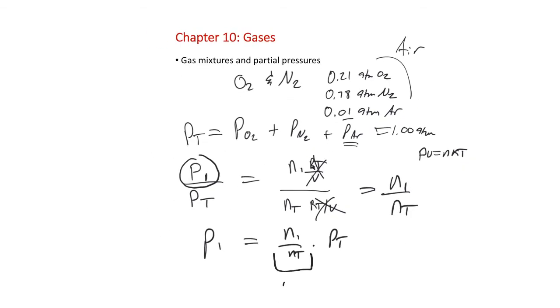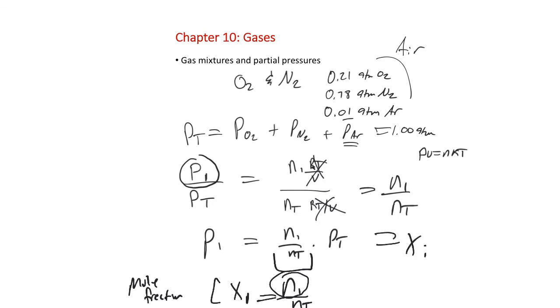N1 over NT is defined as the mole fraction of, say, component 1. So X is the mole fraction, just the moles of that particular component divided by the total number of moles. So you take the mole fraction of a component times the total pressure. That gives you the partial pressure of that particular component.